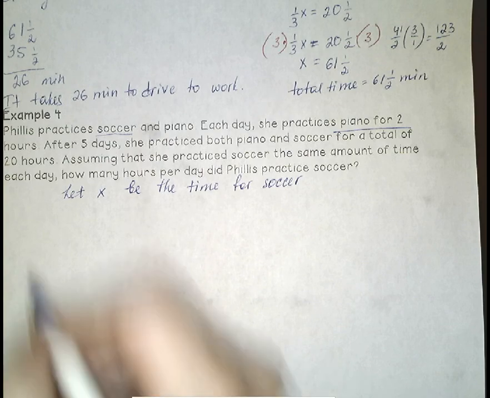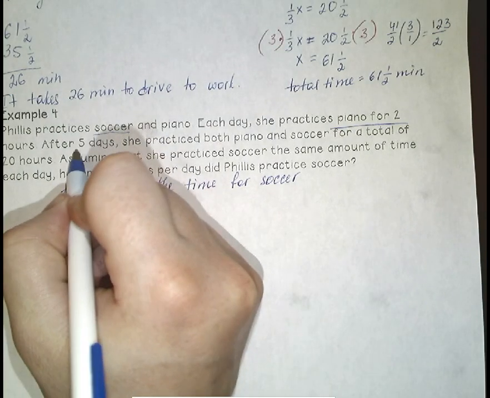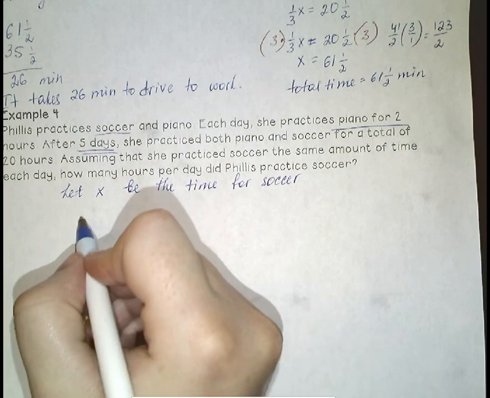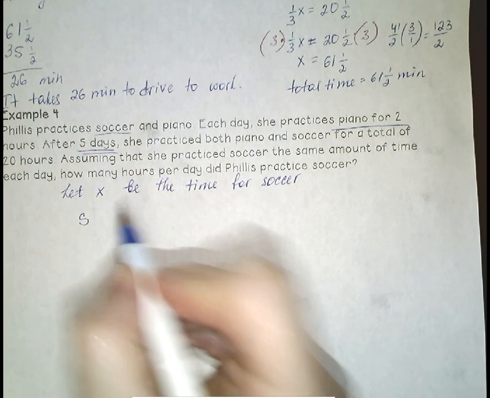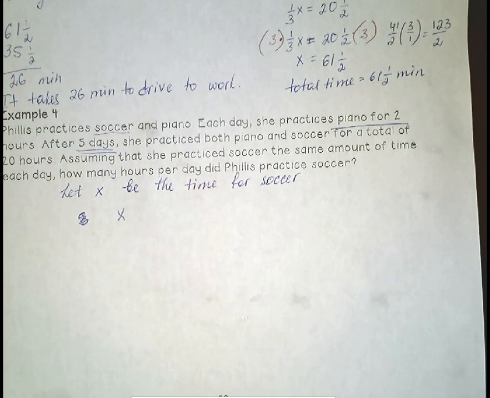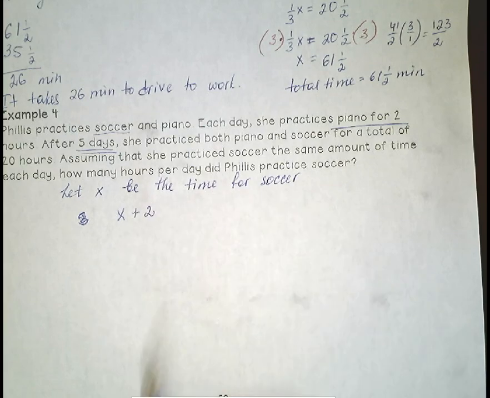Okay, then our equation, so we have 5 days, and 5 days each day she does soccer and piano, right? So each day she does x for the soccer and 2 hours for the piano. So that's how long she spends on these two activities.